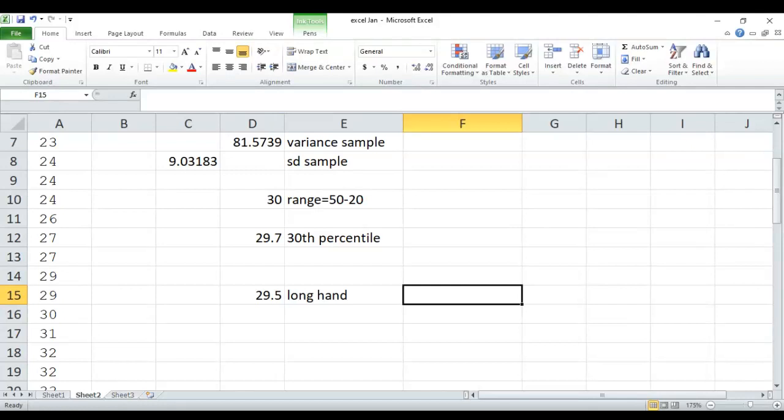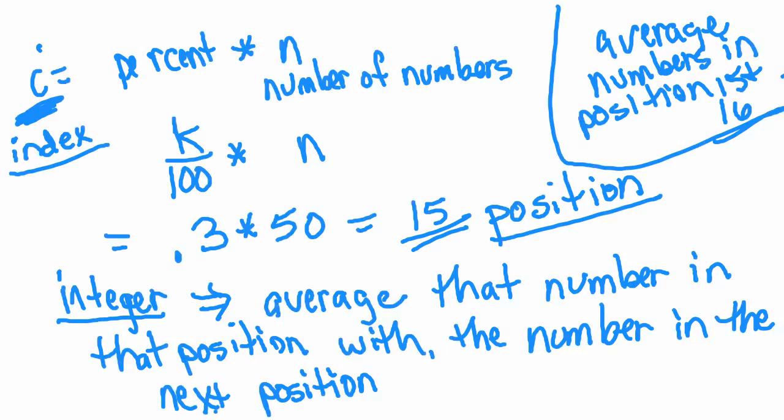And the reason is, Excel uses a calculator and actually calculates out the exact value.